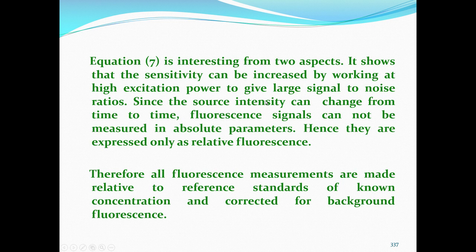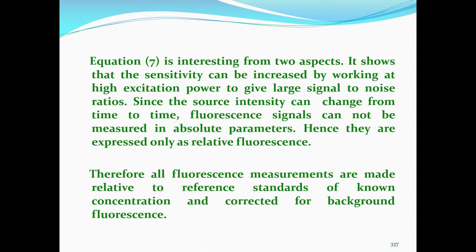Since the source intensity can change from time to time, fluorescent signals cannot be measured in absolute parameters. This I have already told you, taking an example of solid angle. So, in solid angle what happens is for the same concentration I can get a higher reading by opening the slit of the detector more, or lower reading by reducing the slit for the detection.